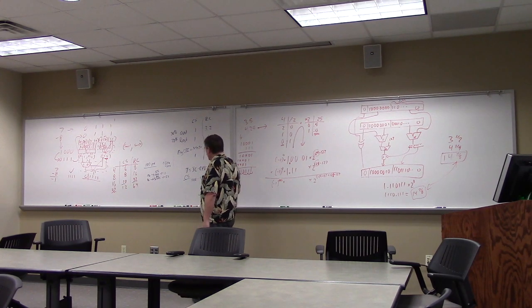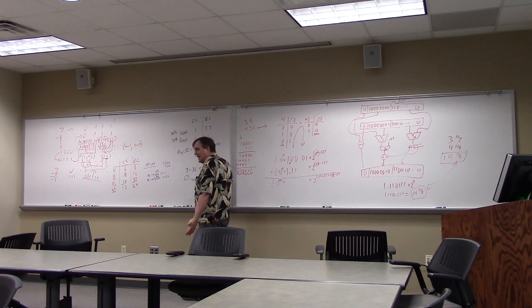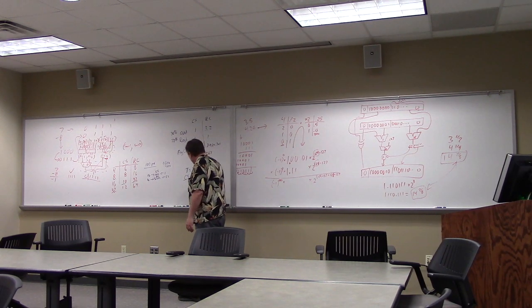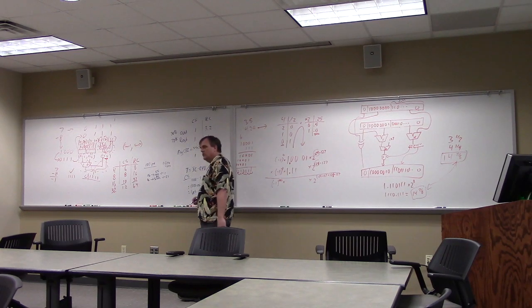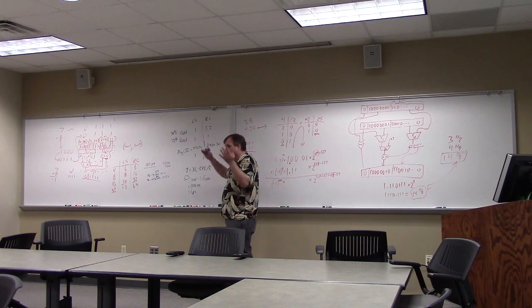One over a gigahertz is a nanosecond, so I've got 1,000 nanoseconds, which is 1 microsecond. For 1,000 instructions on that machine, it'd take about a microsecond.